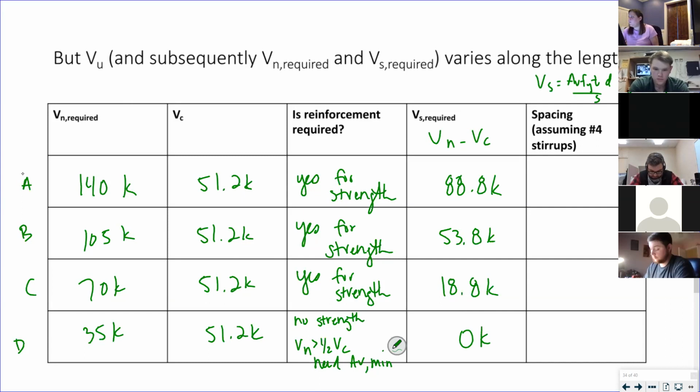If I assume number 4 stirrups, so my AB is 0.4 inches squared, 2 times 0.2. FY is 60, D is 27, and I input that VS that I have right there. This is my maximum spacing of 7.3 inches.